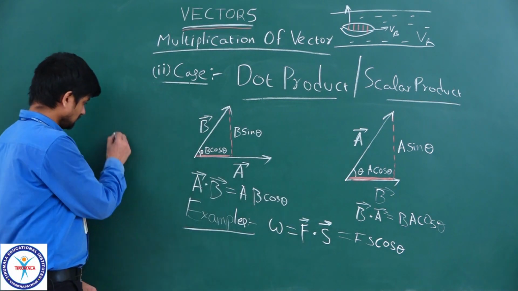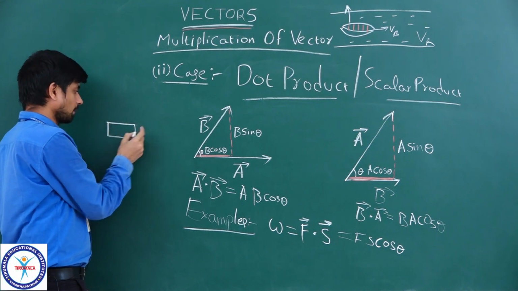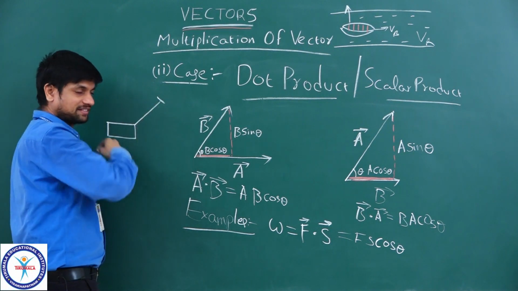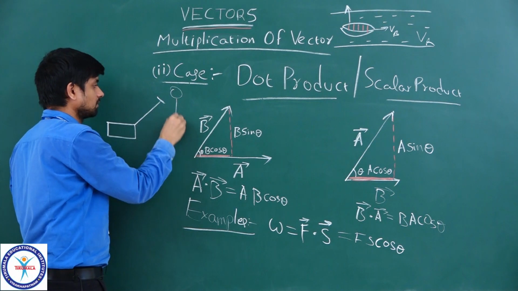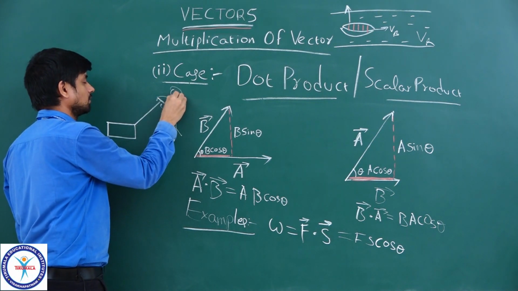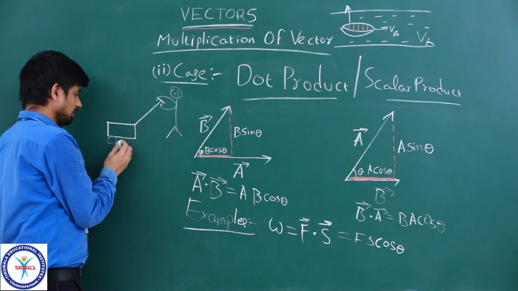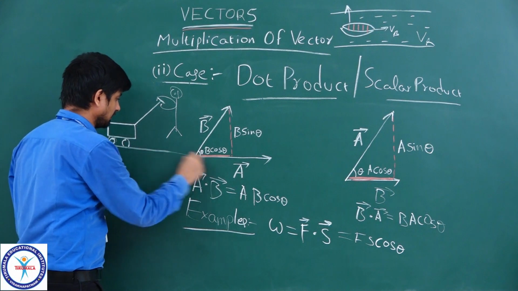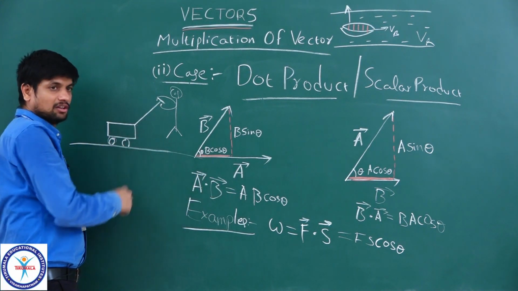So see here, one lawn roller is there. This is being dragged by one person. It has wheels, and this is the horizontal level. In which direction is he applying force?